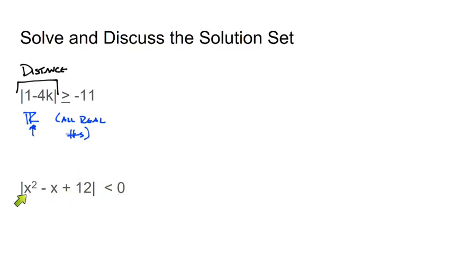Is there any way to take the absolute value of something and have a negative? Hopefully you're saying no, so any value of x here would result in a positive number or even 0 itself. So here, there are no solutions.